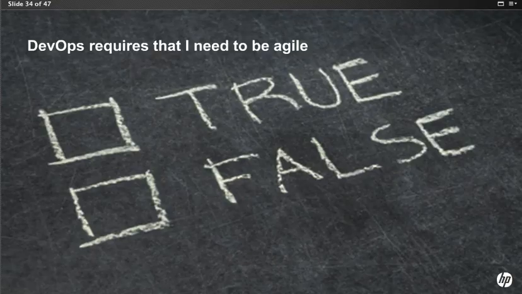The first is that DevOps requires agile development to be the first implementation or transformation project, and after agile I will be ready for DevOps.